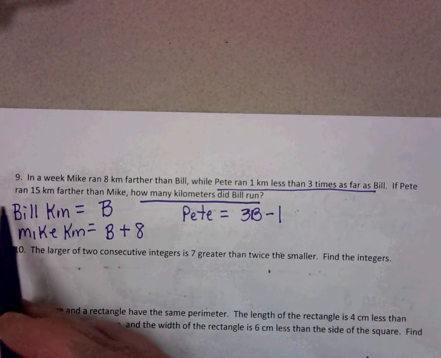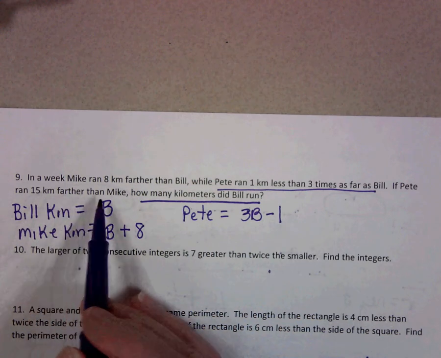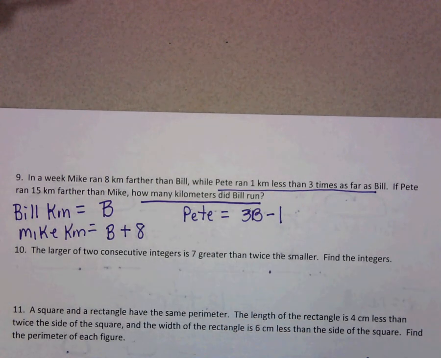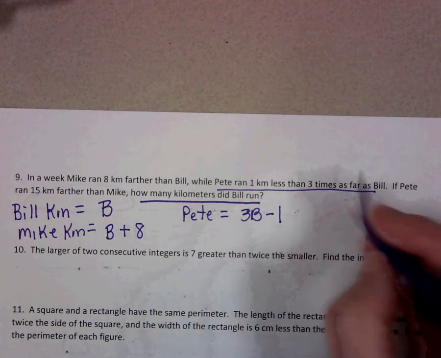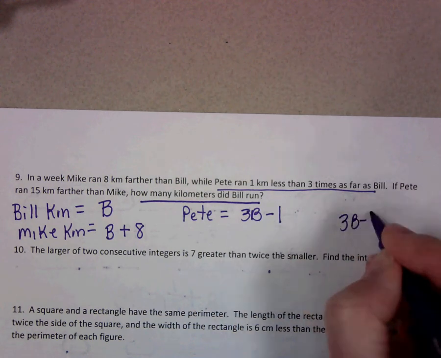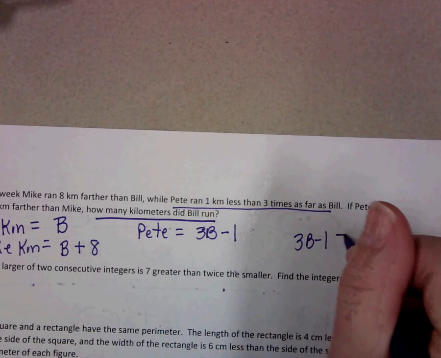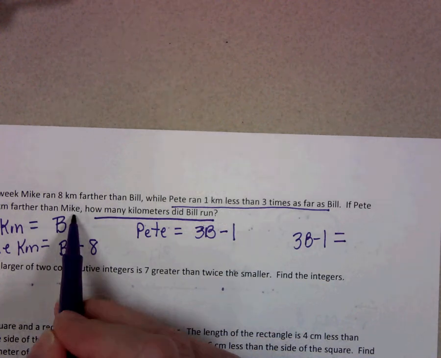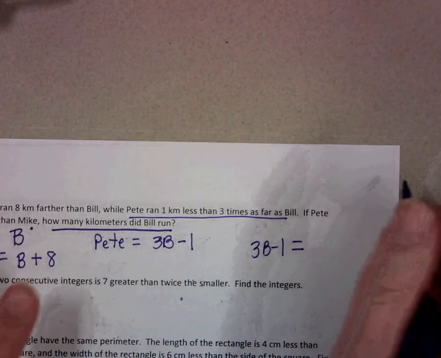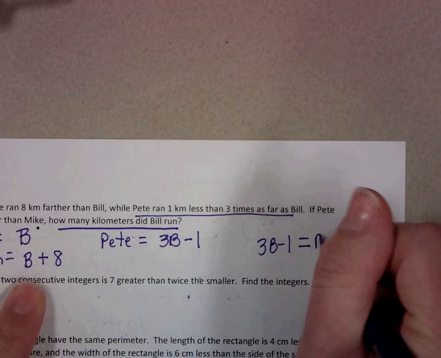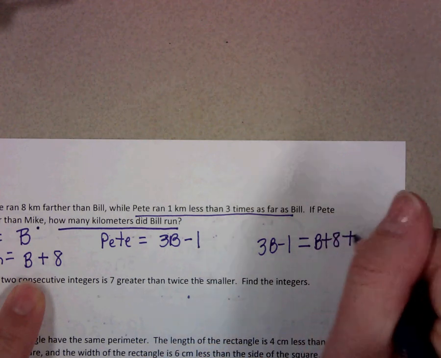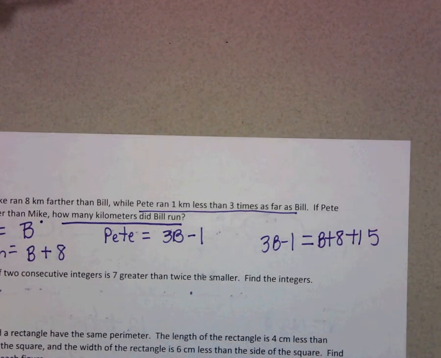So if Pete ran 15 farther than Mike, then Pete, 3B minus 1, is equal to Mike plus 15. So B plus 8, Mike, plus 15. And there's your equation.